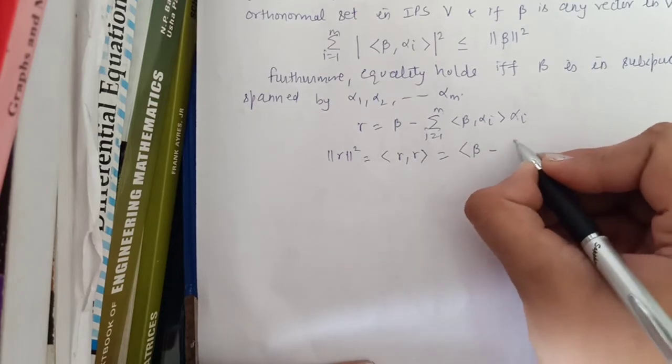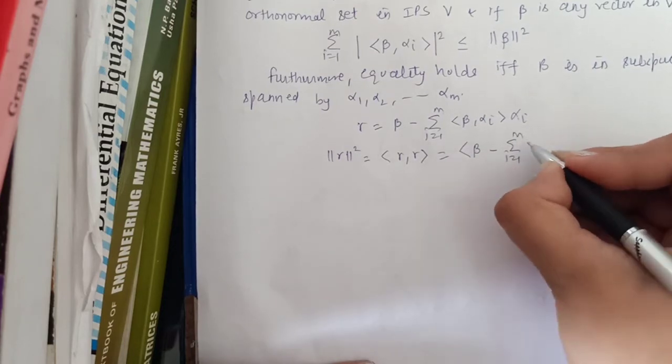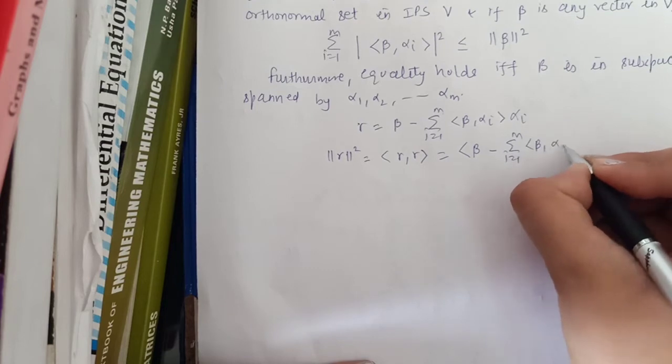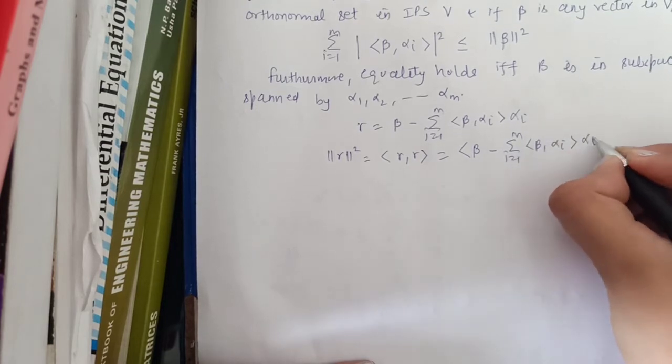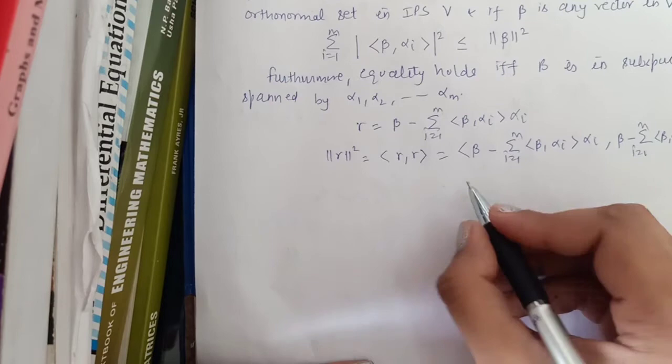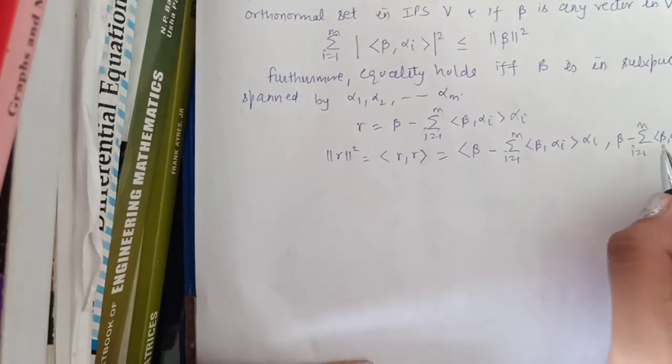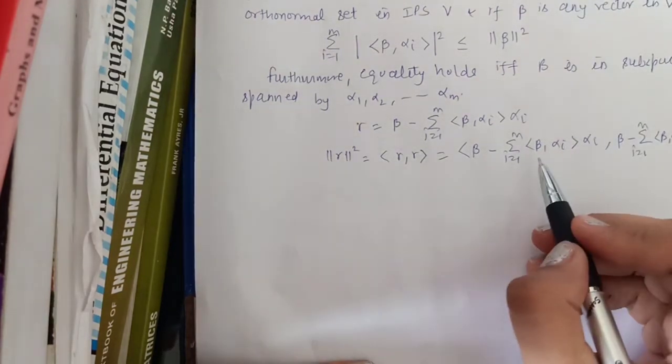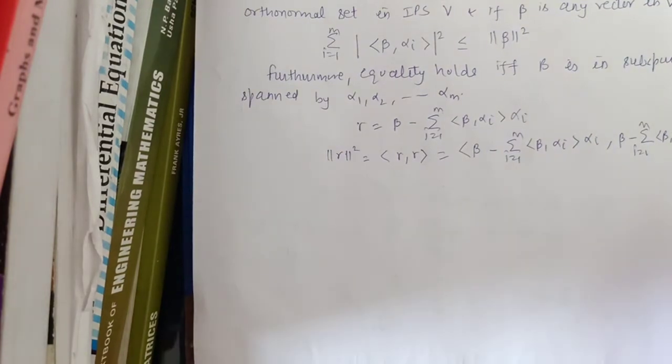So beta minus summation i from 1 to m, inner product of beta with alpha i into alpha i, minus summation j from 1 to m, inner product of beta with alpha j into alpha j. I'm changing the index in order to differentiate these two vectors.